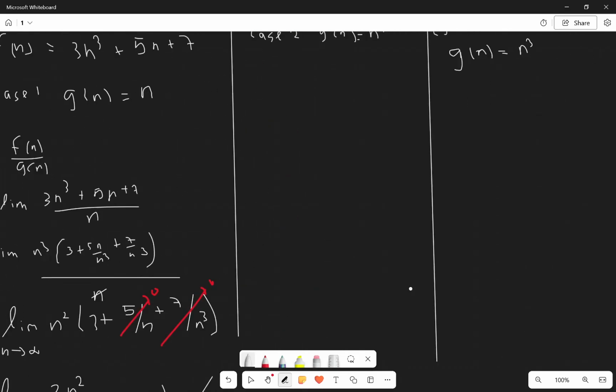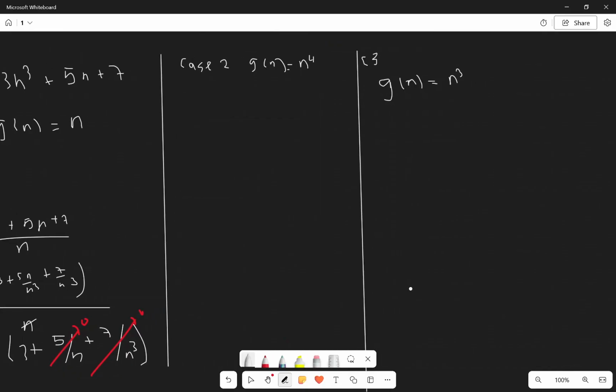So let's try another one. So here we have n to the power 4. I won't take this many steps to simplify. Again, the function is 3n cubed plus 5n plus 7, which is divided by n to the power 4.